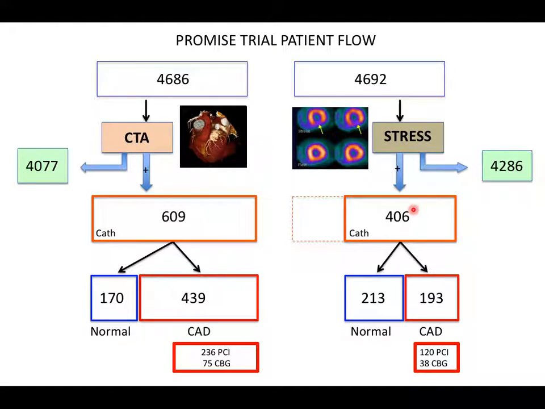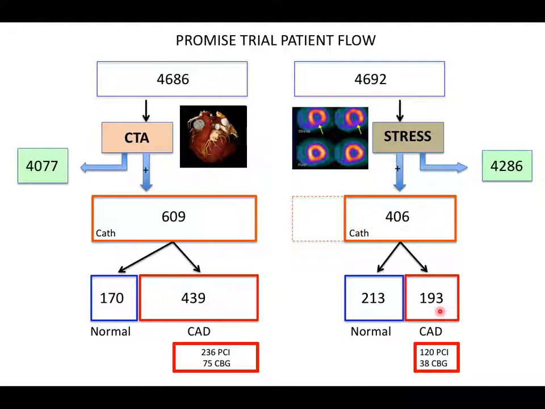All right. We won't do the PROMISE trial again because I did that as the example paper, right? But if you recall, 4,700 people, this group went to CTA first, this group went to SPECT first. 609 people were sent to the cath lab, only 406 sent to the cath lab. Of the 609, 439 had disease on cath.